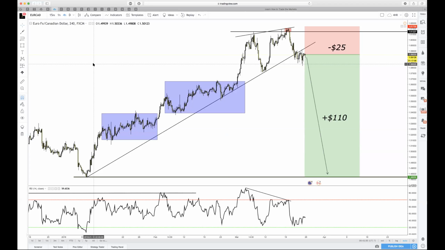Okay, there, Euro CAD. All right, stop loss is 1.617. Take profit is 1.482.